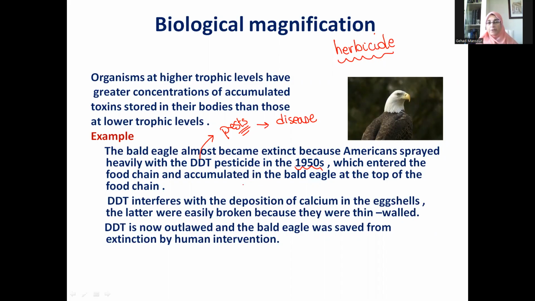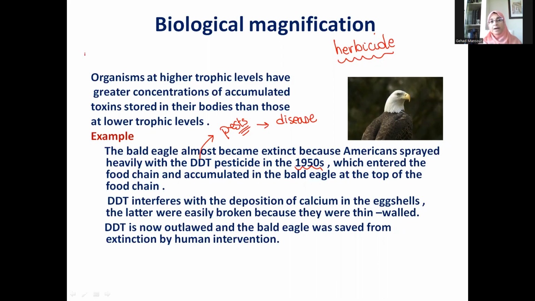What happened actually is that they heavily sprayed the plants with pesticides, and these pesticides were absorbed by the plants and therefore entered the food chain, and their concentration gradually increased for every trophic level until it reached the maximum at the top of the food chain. Why is this possible?